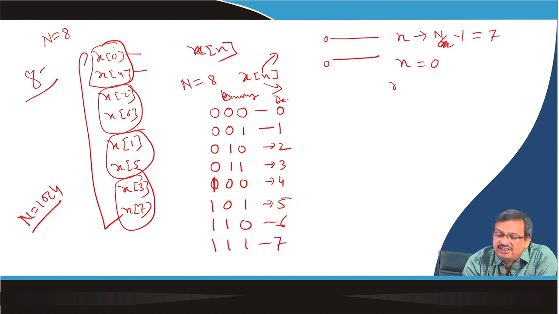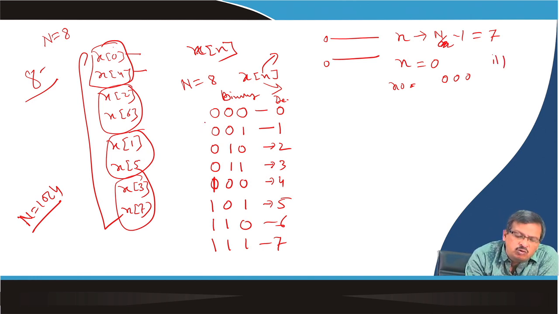So, the index 0 is represented by a 3-bit binary number, 0 0 0, all 3 bits are 0. For index 7, all 3 bits are 1. I want to access the signal in this order.